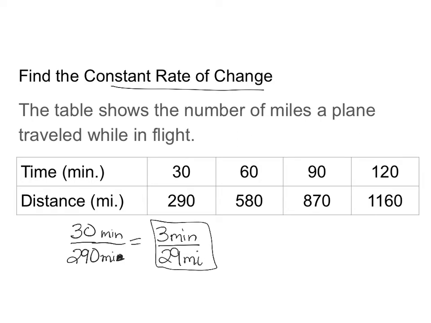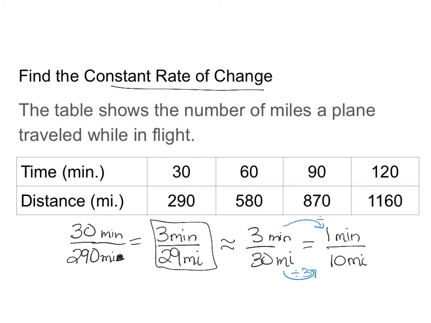This would be your rate of change, okay? However, I'm going to estimate this as about 3 minutes for 30 miles. So my constant rate of change would be, for every minute, 10 miles. All I did to get from here to here is divide by 3, and I just estimated the 29 to 30.